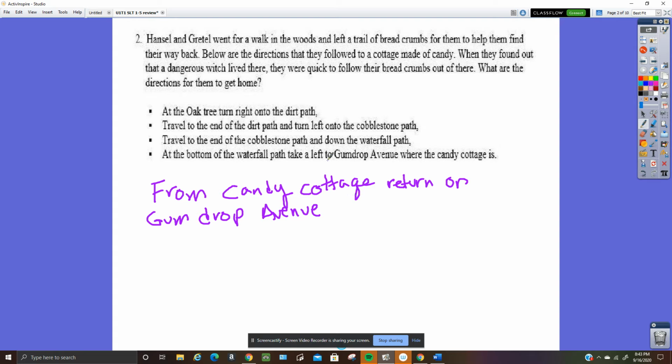So they made a left, then you're going to make a right on path toward bottom of the waterfall.